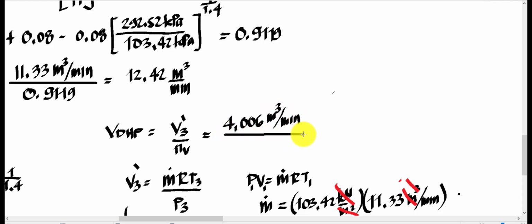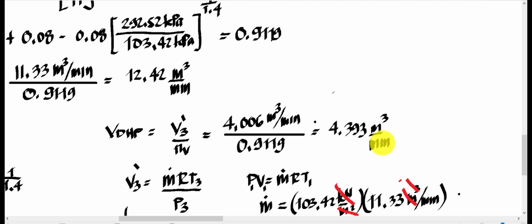So I'm going to divide this one by your volumetric efficiency, which is 0.9119. Then finally, we have the value for the volume displaced at the high pressure, which is 4.393. So that will be cubic meter per minute.